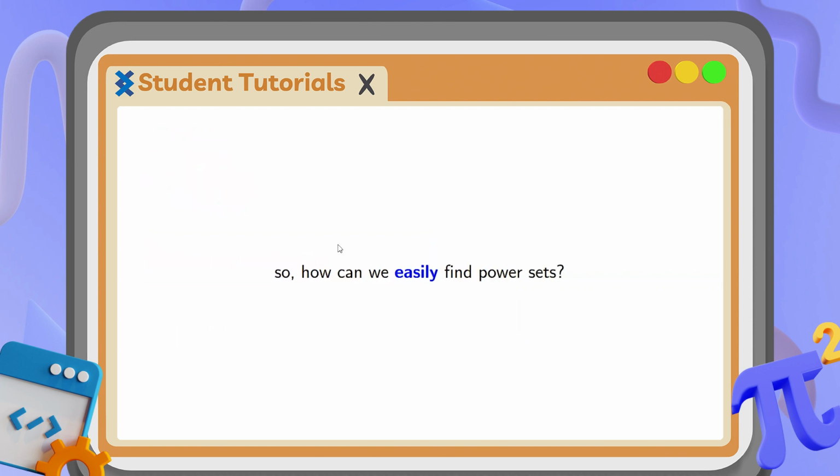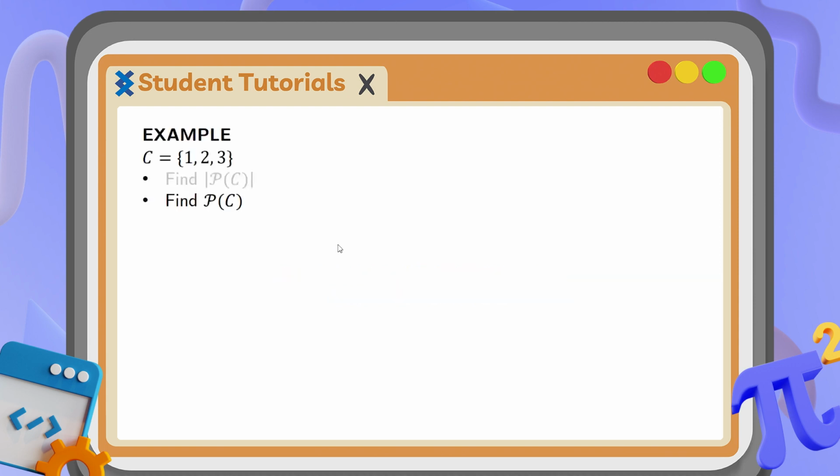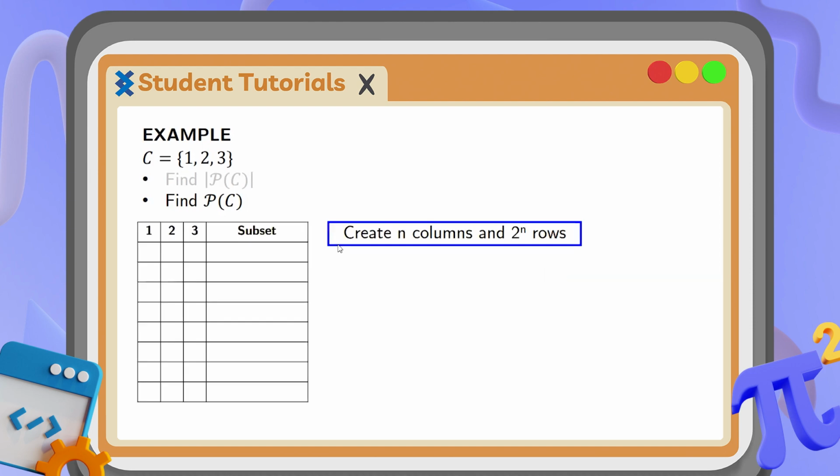So as we grow to have even larger power sets, how can we easily find them? Or is there a strategy or algorithm to follow to get the elements of a power set? We can construct a truth table to actually get all the elements of a power set. So let's look back at the previous example.